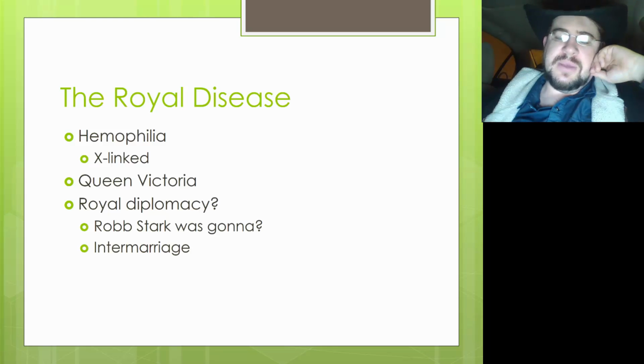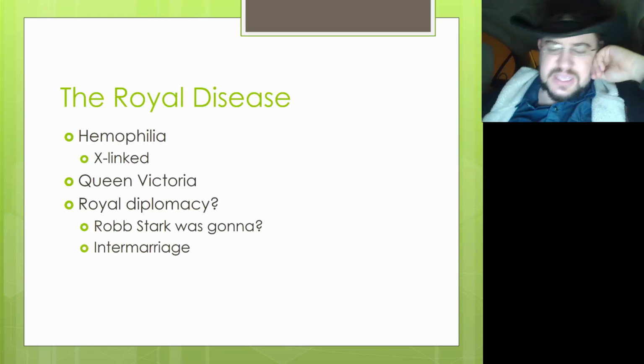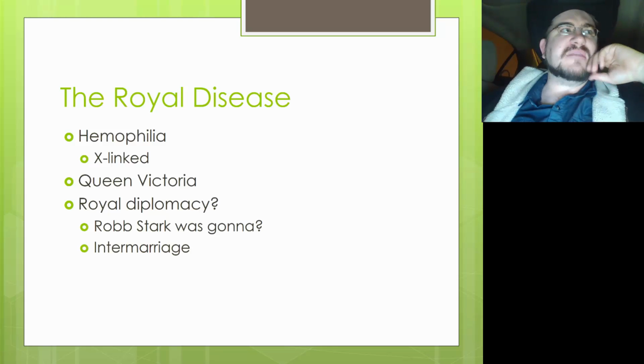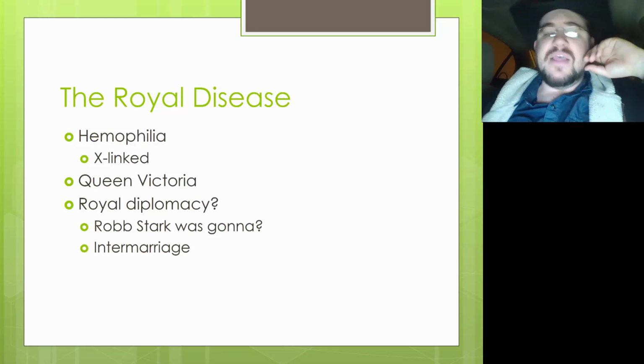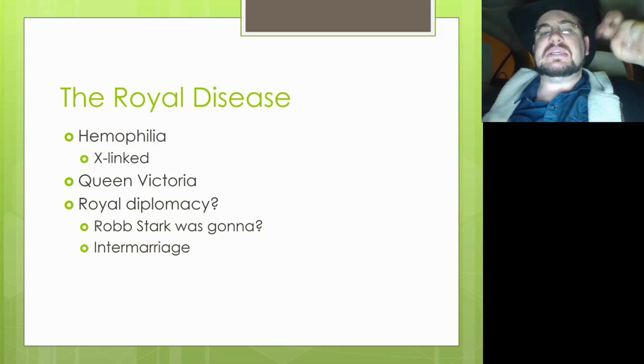Anyway, so Queen Victoria was a carrier of hemophilia, and her daughters carried it and married into other royal families. And then those royal families picked up carriers of hemophilia, and some of their children expressed it. So hemophilia actually became a pretty rough disease in medieval Europe, the royal disease.